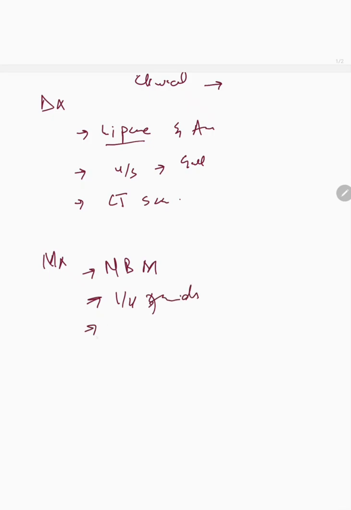If there is any infection or abscess formation, which the CT may show us, then IV antibiotics are given. Another rare thing that can be done when there is a complication like necrosis is necrosectomy. But this is really complicated, and not a lot of cases may need it. It's only when there is necrosis.